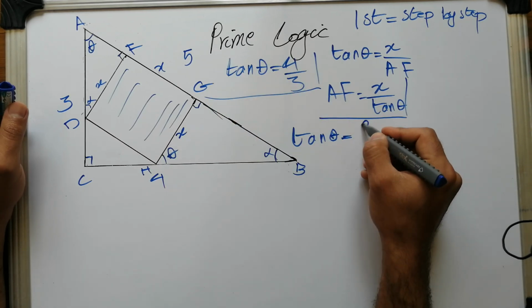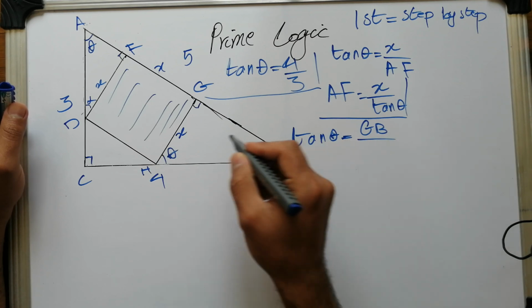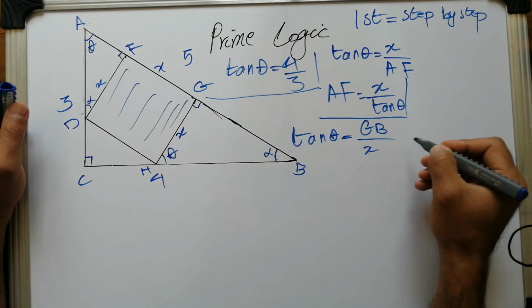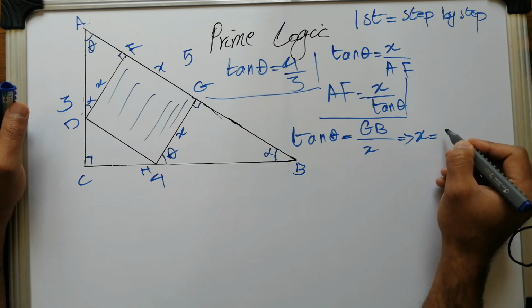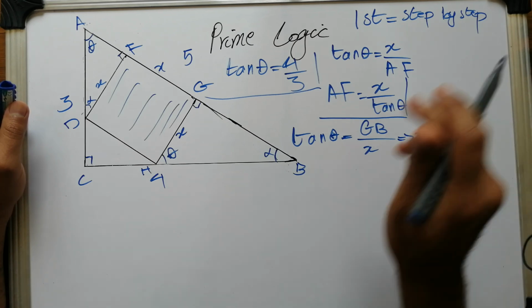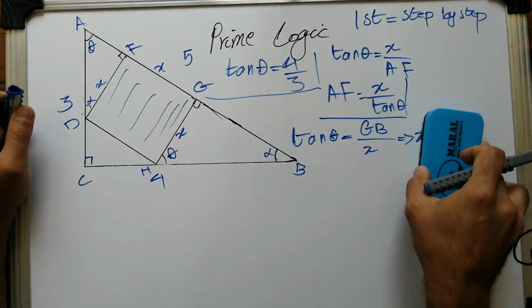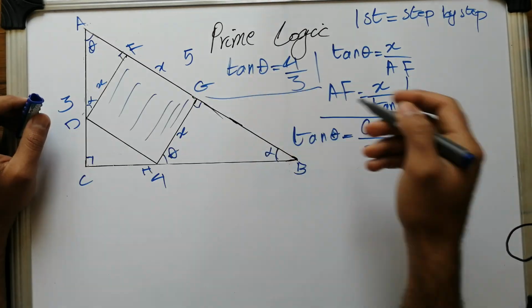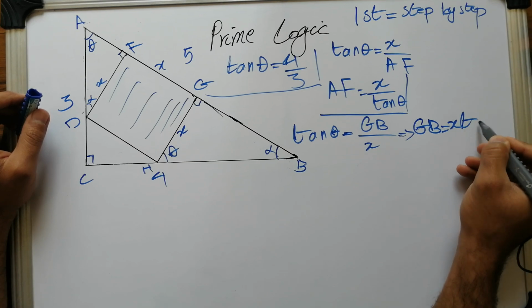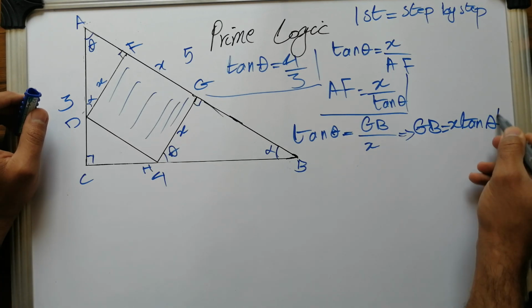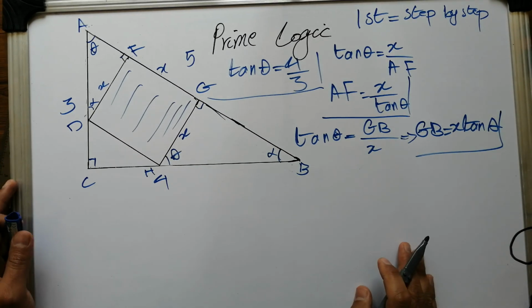The opposite is GB, and the adjacent side is x, another beautiful relationship. We need GB, so GB equals x tangent theta. This is also another relationship that we found.